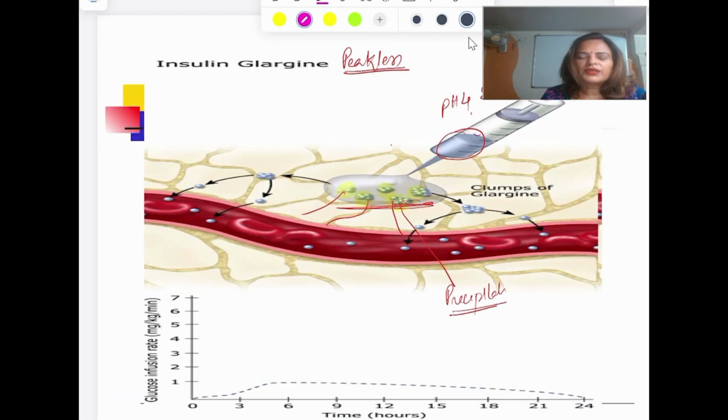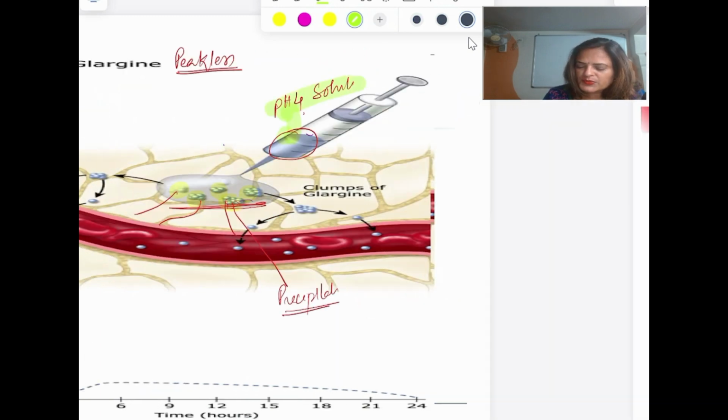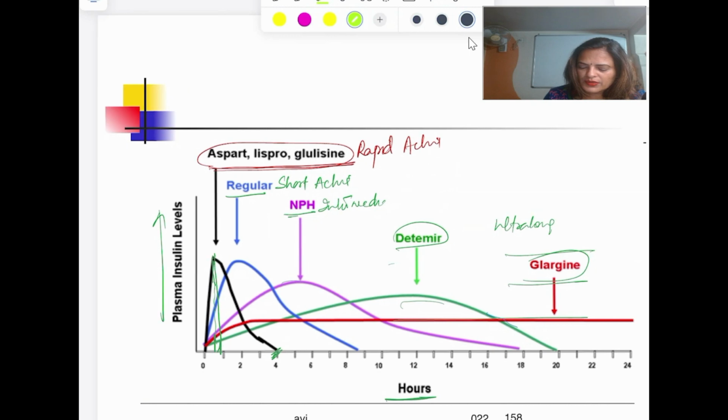This insulin is at pH 4, in a solution form. So it should not be mixed with any other insulin, because we have to maintain it in a solution form, which is possible only at pH 4. So insulin glargine should not be mixed with any other insulin.